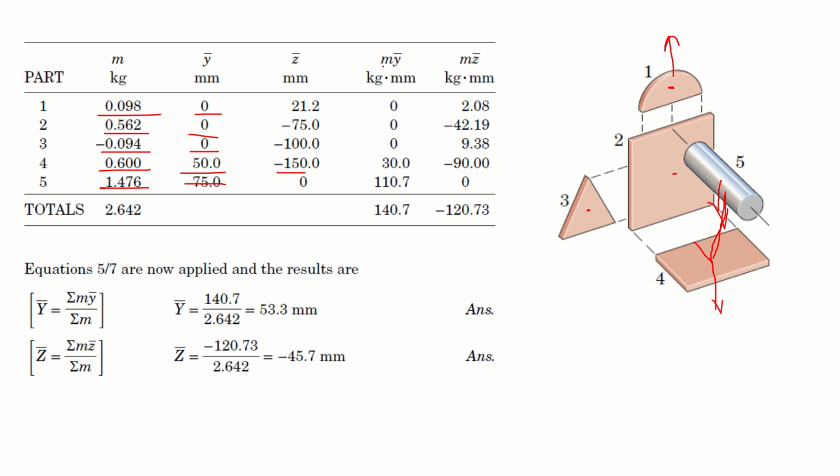From here we have found the value of masses along the y-axis and mass distributions of each small segment along the z-axis, and we have found the sum of my's and mz and the total mass. And we can use this equation, that is right here, to find the overall centroid along the y-axis and the overall centroid along the z-axis.